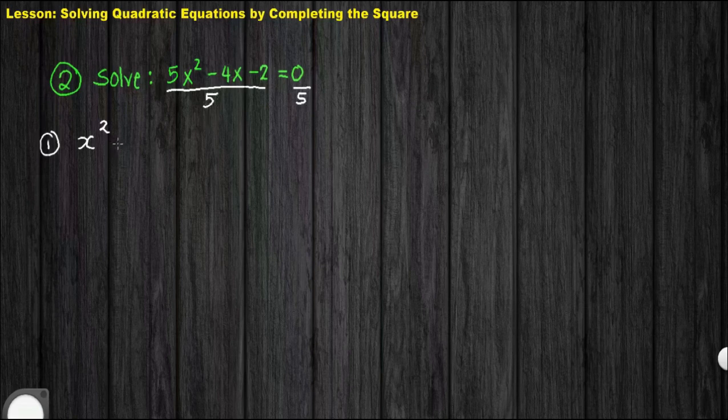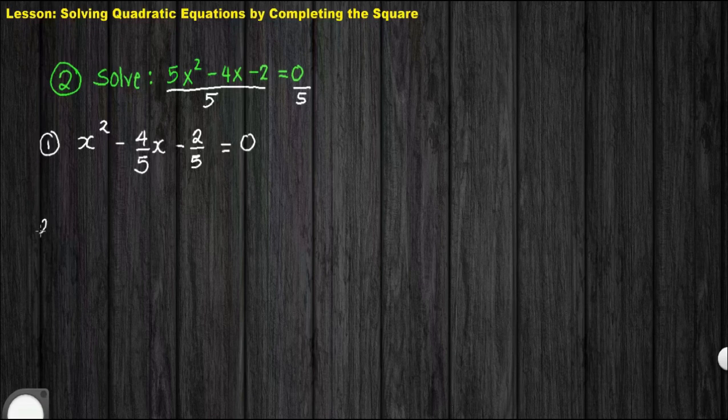Ang lalabas naman dyan ay negative 4 over 5x. And dun sa last term naman, negative 2 divided by 5, we have negative 2 over 5. Ayan. Equals, yes, yan ay 0.